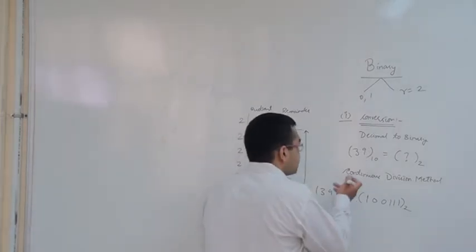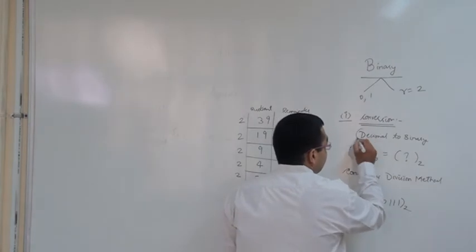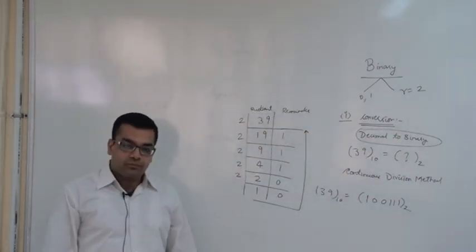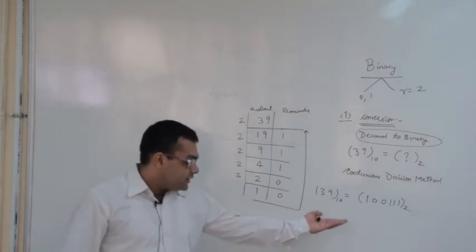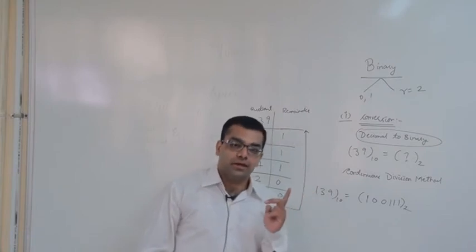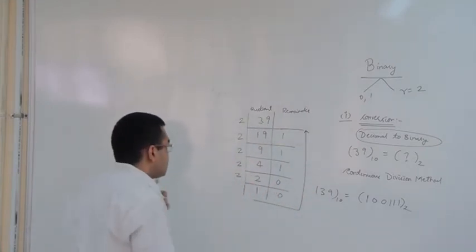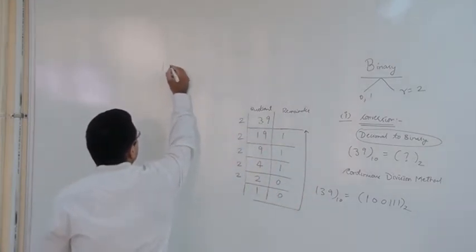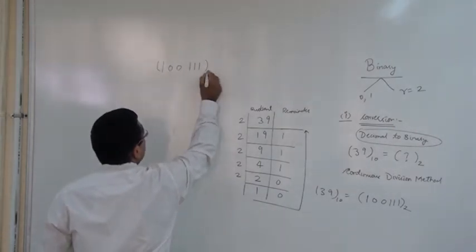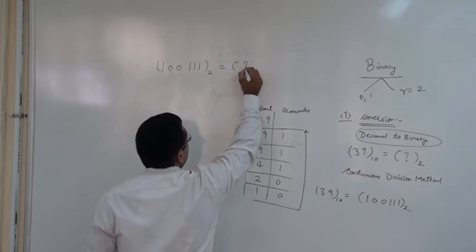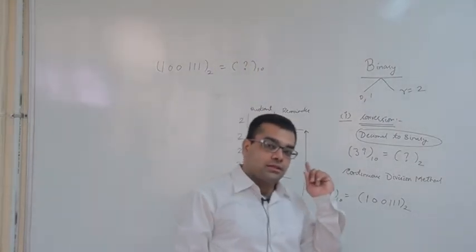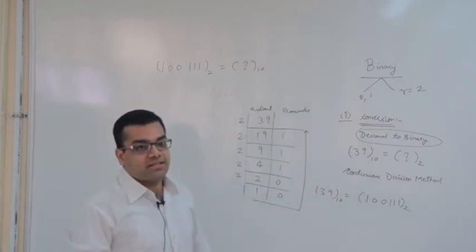Now this is from decimal to binary. What if we had been given this and were asked to find its decimal equivalent? That means if we had been given 1 0 0 1 1 1 and we would then ask its equivalent in decimal.